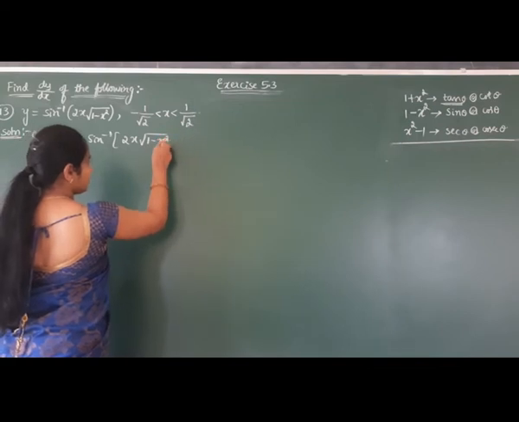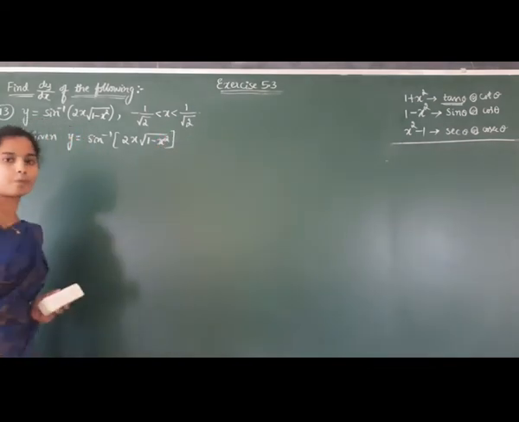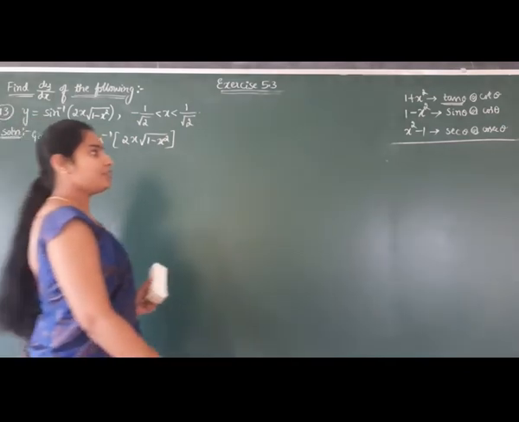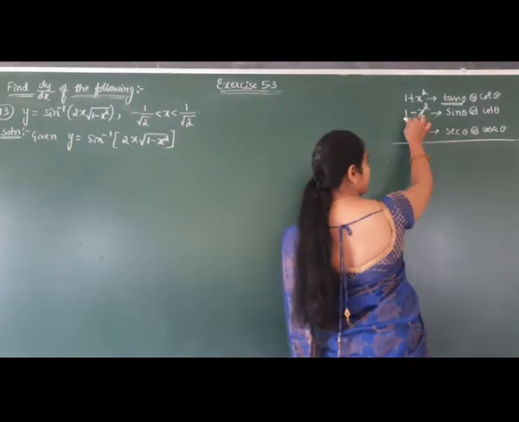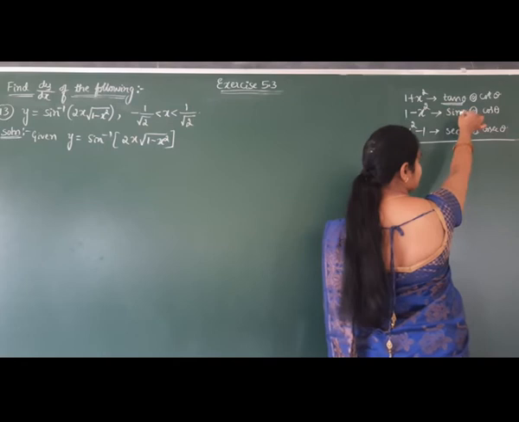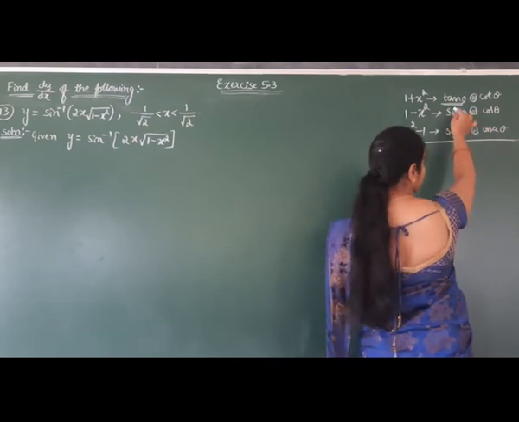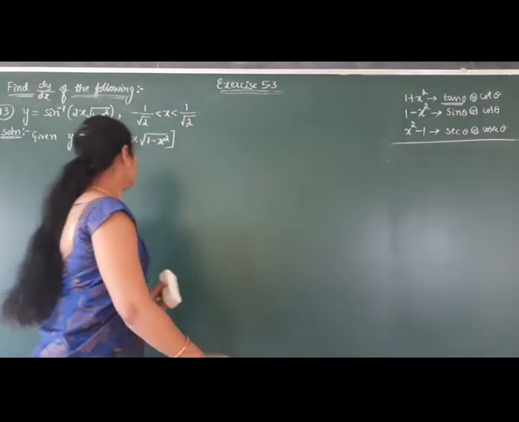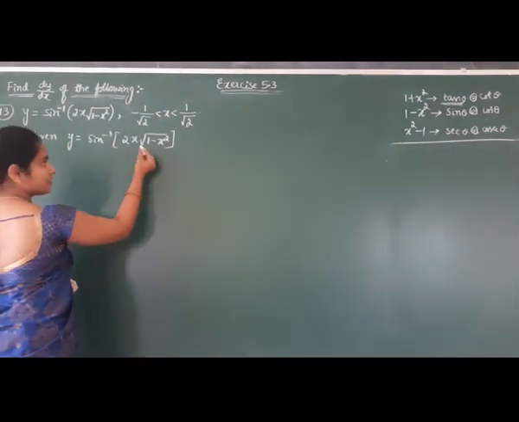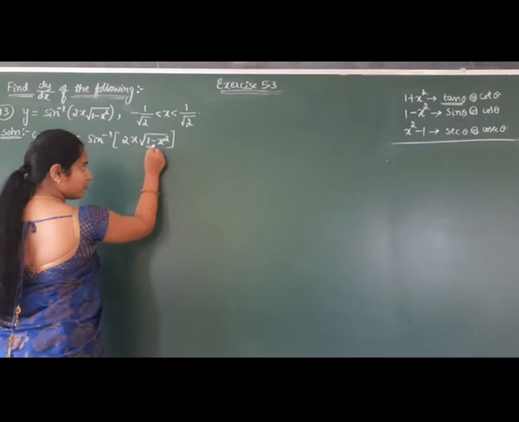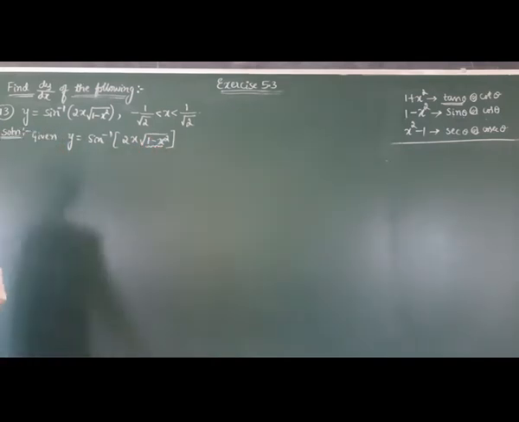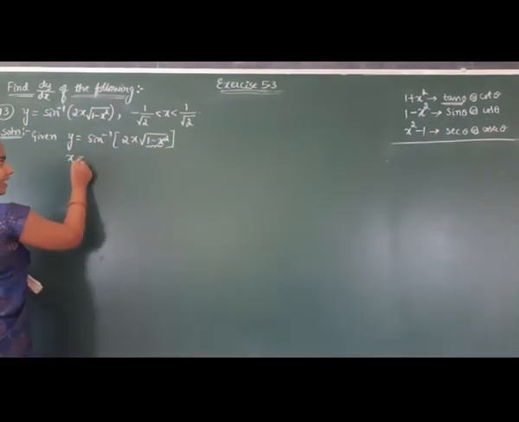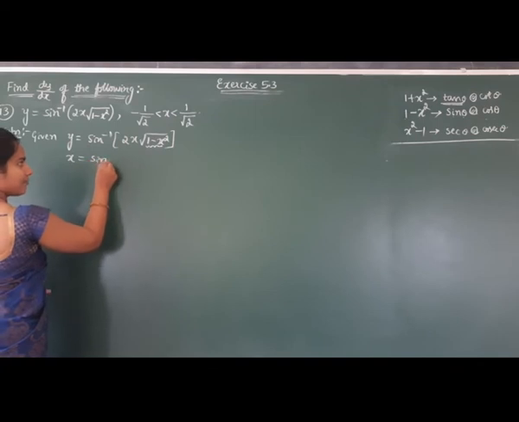If the equation has 1 minus x square, then we take the substitution as sin theta or cos theta. So here also this equation has the term 1 minus x square, so I will substitute x as sin theta.